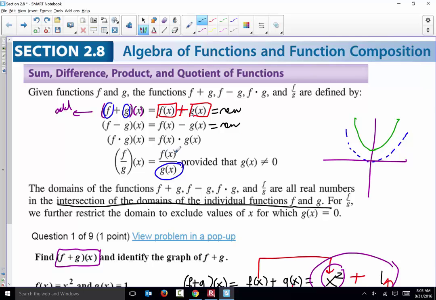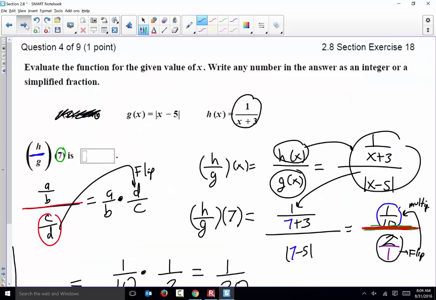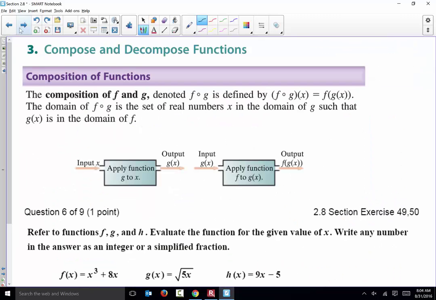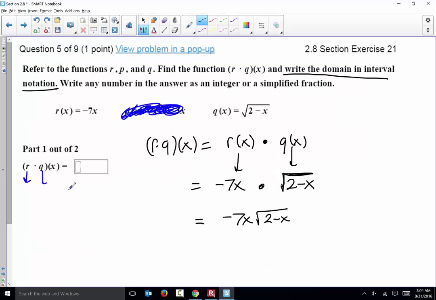And by the way, if you are dealing with division, you need to also avoid all the points that make g 0. Or if you don't want to find individual domains of R and Q here, immediately look at the final product and try to find the domain from the final product if you already obtained it.